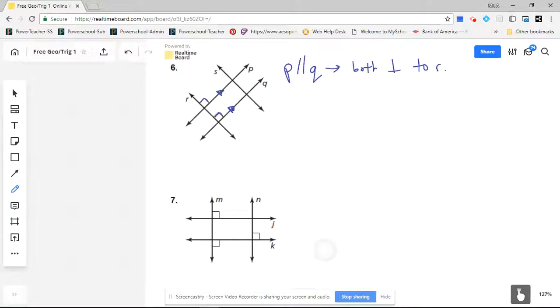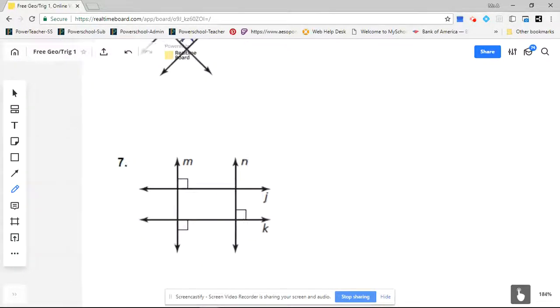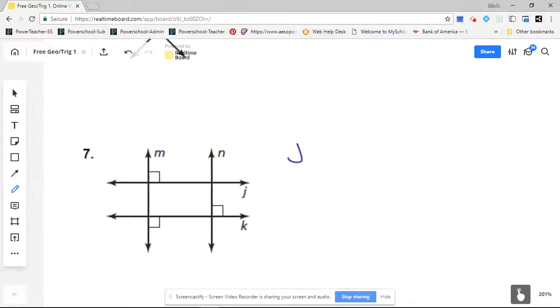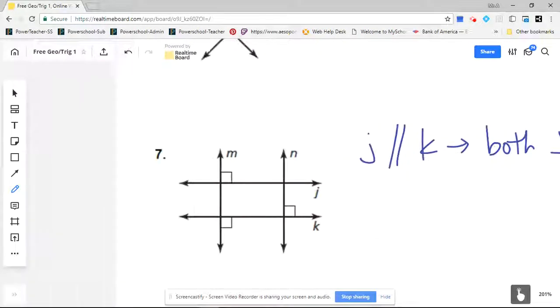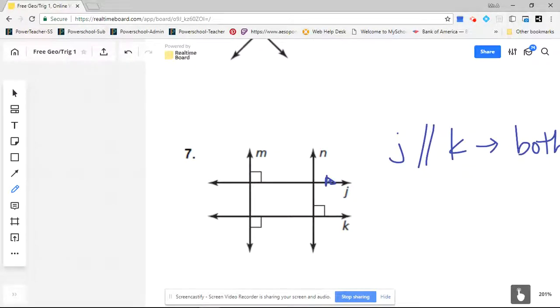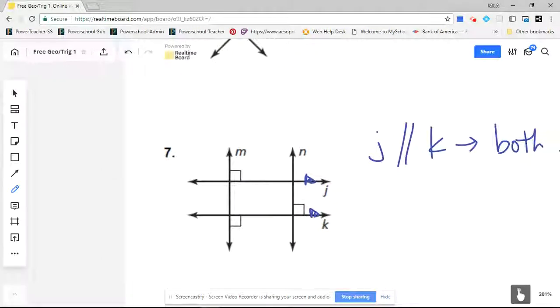Number 7, alphabetical order. J and K are both perpendicular to M. So yes, J is parallel to K, both perpendicular to M. So you could put arrows on J and on K. They have to be parallel.